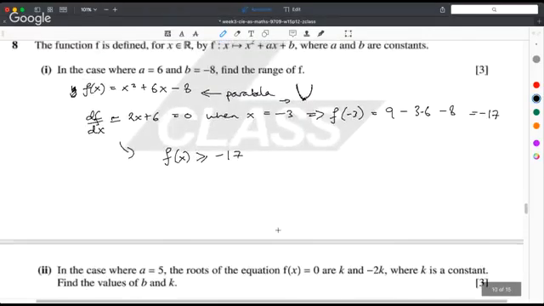Just a little tidbit for you, if you like mathematical notation, you could also say that f of x is an element of the set minus 17, comma infinity. But don't worry about that if that scares you.